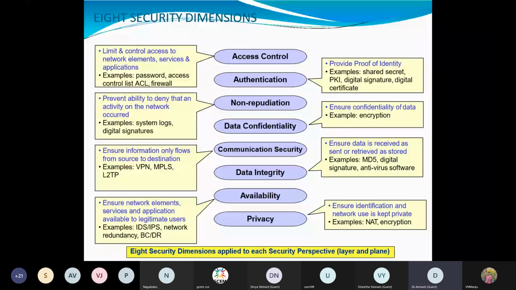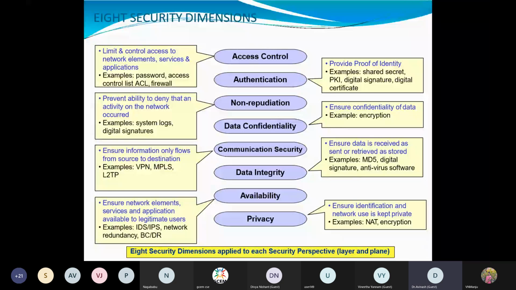Then the third one is the non-repudiation process. This process controls or prevents the ability to deny that an activity on the network has occurred.